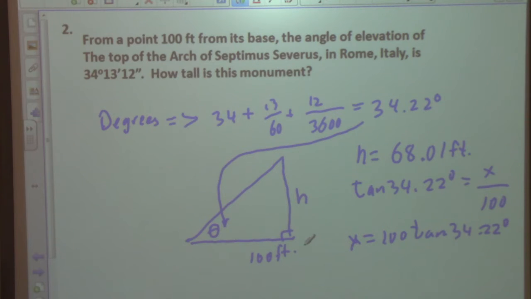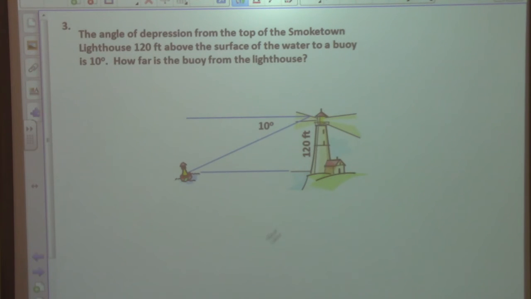Let's go to number 3. Do you have questions on number 3? Some of you are talking to each other. Talking to each other is encouraged.